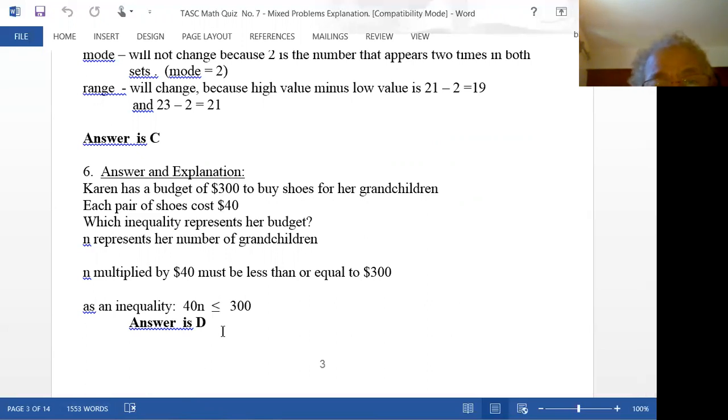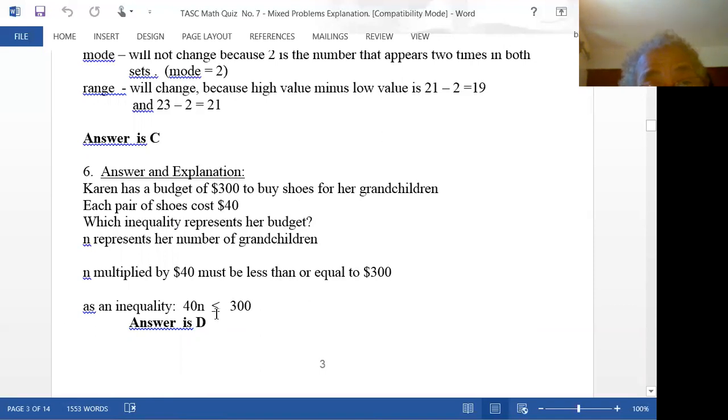Okay, let's just think about this. If she bought 7 pairs of shoes, what would it cost? 7 times 40, 280. She would have enough money because that's under the 300. But if she tried to buy 8, 8 times 40 is 320, she would not have enough money.